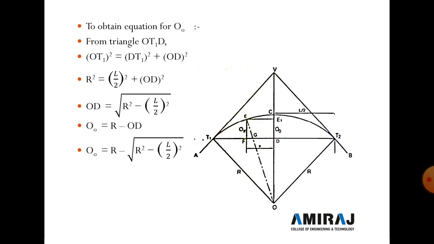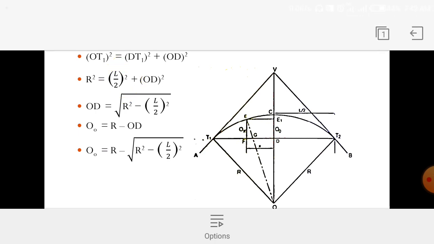Now to obtain the equation for OO, we take the triangle OT1D. We apply the formula OT1 square is equal to DT1 square plus OD square. So R square is equal to (L by 2) square plus OD square. Why L by 2? Because the total length of the chord T1 to T2 is L, so T1D is L by 2.